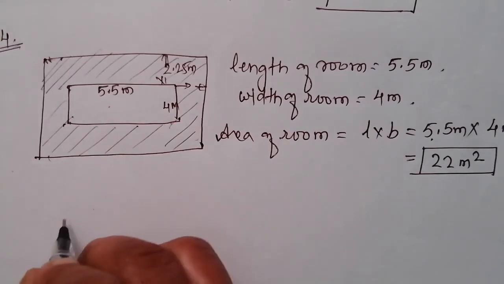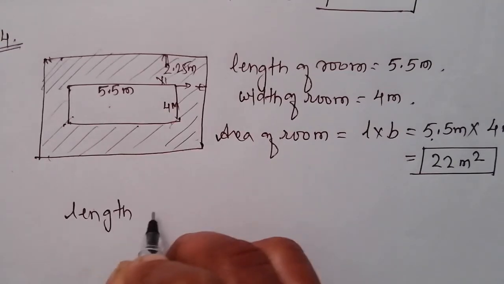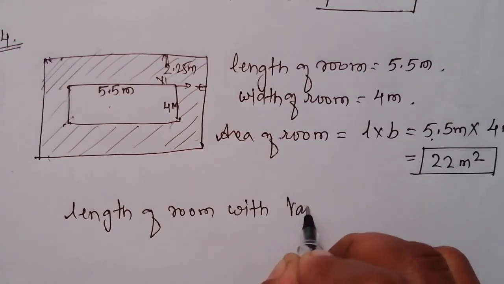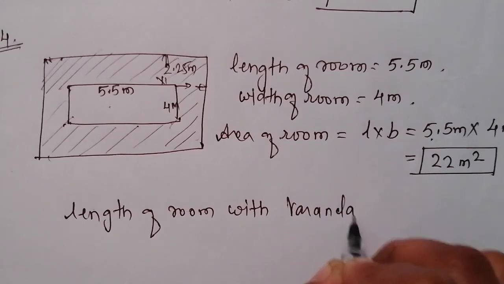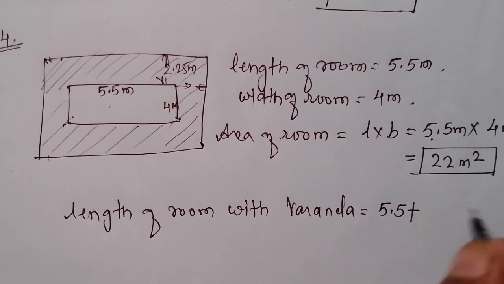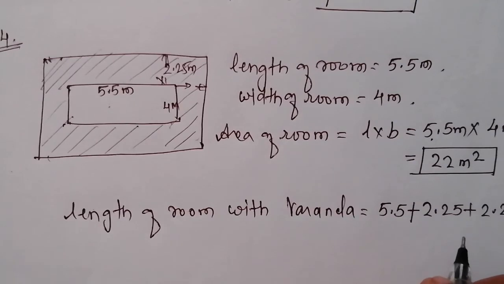Now the length of the room with veranda. With veranda means 5.5 plus 2.25 plus 2.25, right? So 5.5 plus 4.5 is equal to 10 meter. This is the length of the room with veranda.